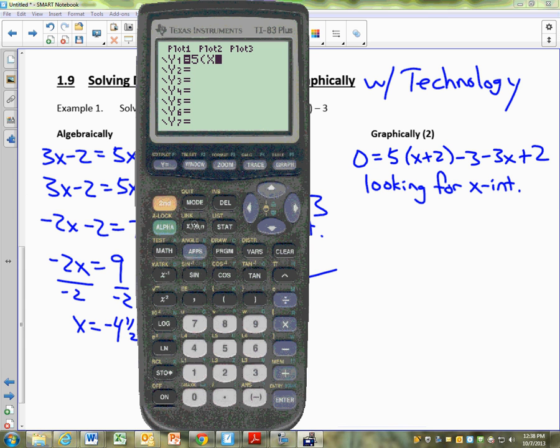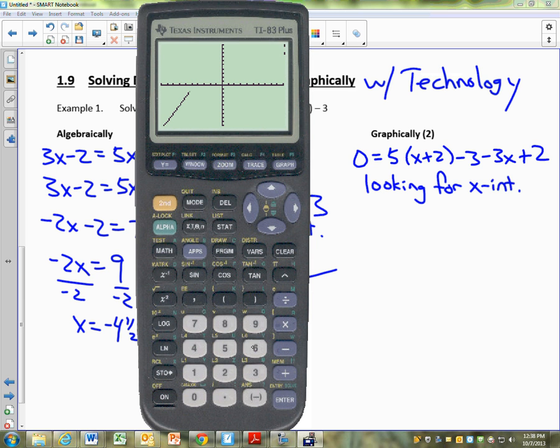Anyway, so I plug it in: 5 parentheses x plus 2 parentheses minus 3 minus 3x plus 2. So that we all see the same viewing window, I'll press zoom 6 for zoom standard. There is my function. Do you see where it crosses the x-axis?